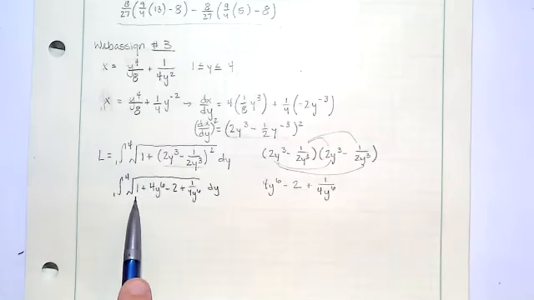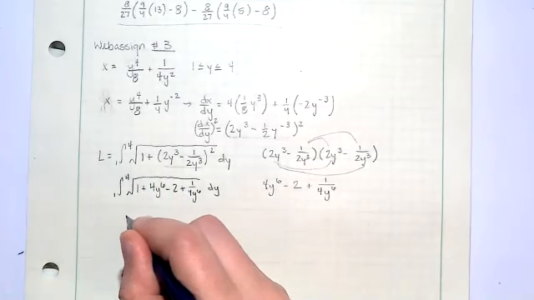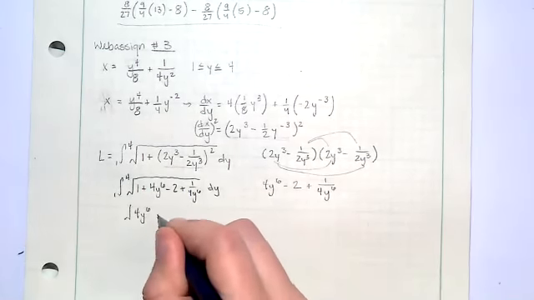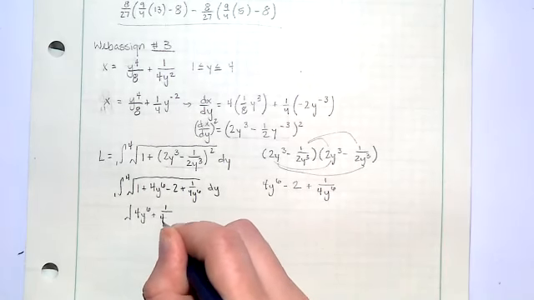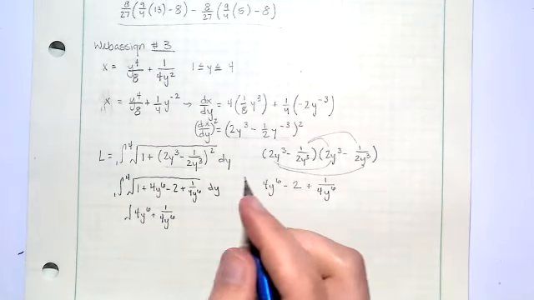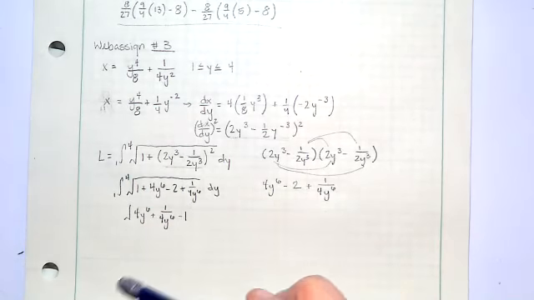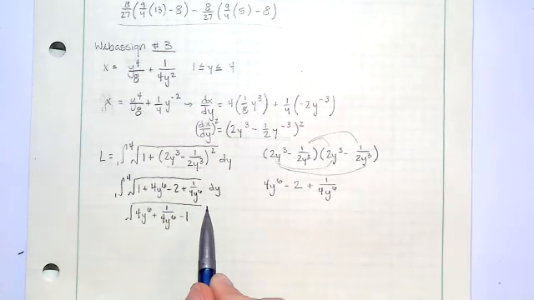So when you combine these terms, it comes out to the square root of 4y to the 6th plus 1 over 4y to the 6th, and then it's going to be a minus 1. I guess you should put that minus 1 in the middle.